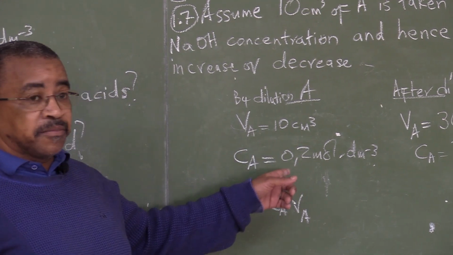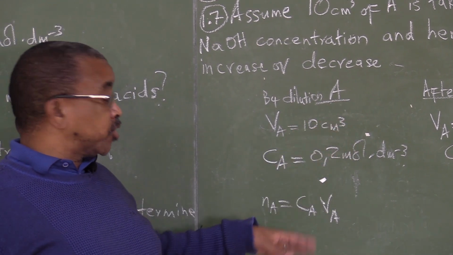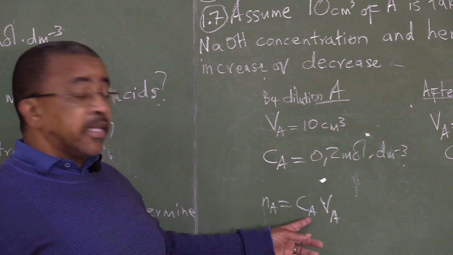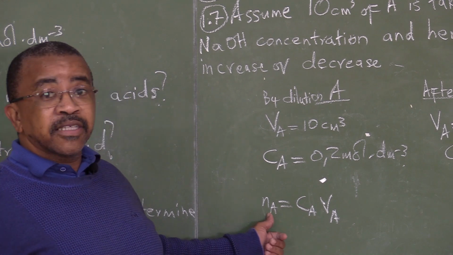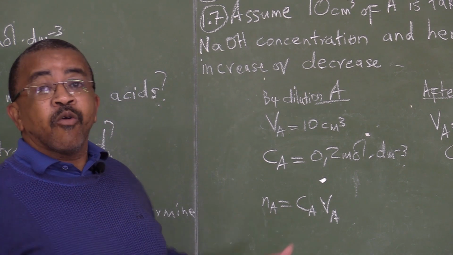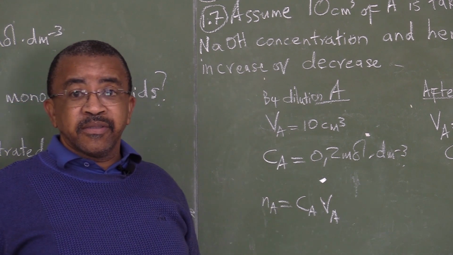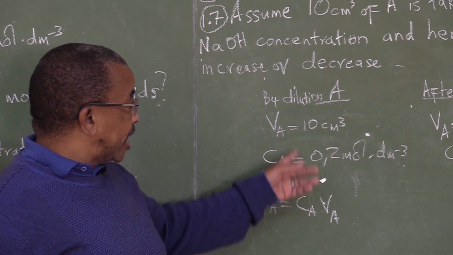The same solution is diluted. When you dilute, the volume changes, and the concentration will change as long as the number of moles remains the same. Why do we say they remain the same? Because nothing is taken out of that solution, water is just added, which means the number of moles is the same.